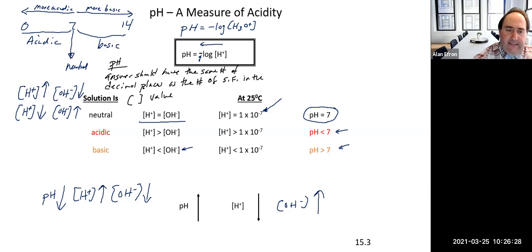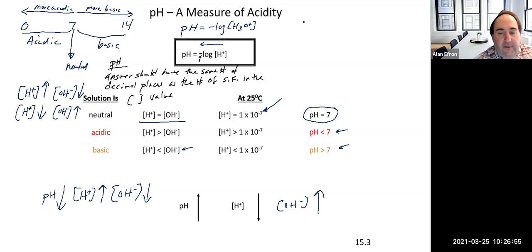What that means is if the concentration value had one significant figure, you should have one decimal place in your pH. If you had two decimal places in your pH and you're going backwards to the concentration, it should have two significant figures. That is how we handle decimal places in terms of pH.